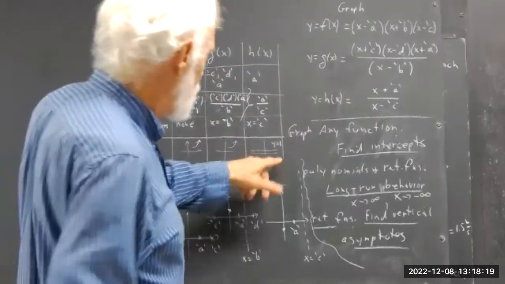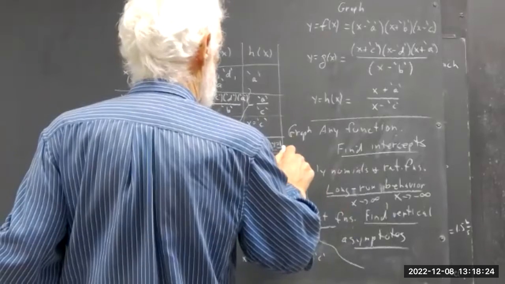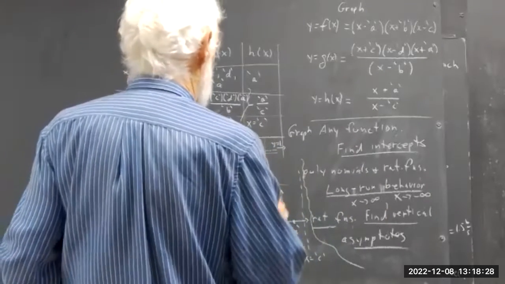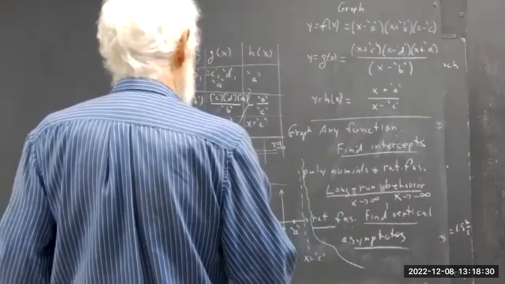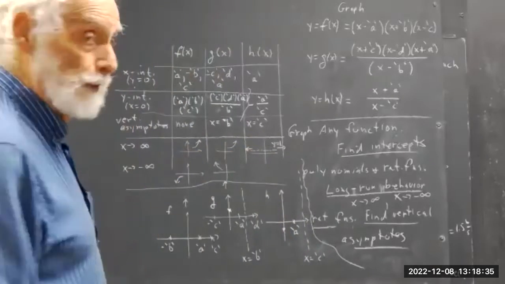So Y is going to be close to 1 as you get out this way and this way, at both plus infinity and minus infinity.